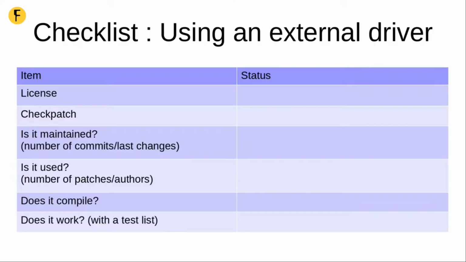And then I do verify if the driver works. For this, I use a test list every time. I define what needs to work in a driver, so I could define it as working.